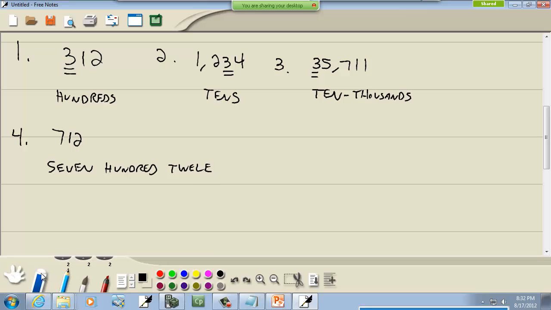Now, if this was 33, for example, we would write 30, and then we'd put our 3. You don't say like 3 tens. But if it's in this position here, you do say 700. If it's a 1, you do say 100. But these two, you kind of take them as a whole and write them down.